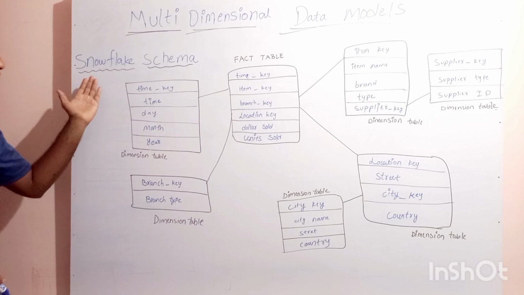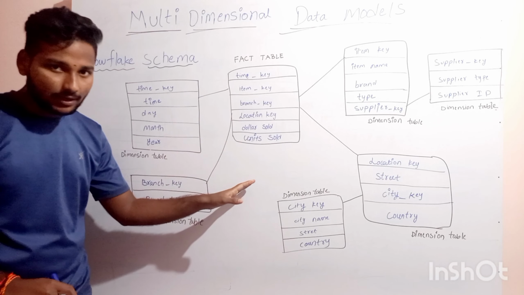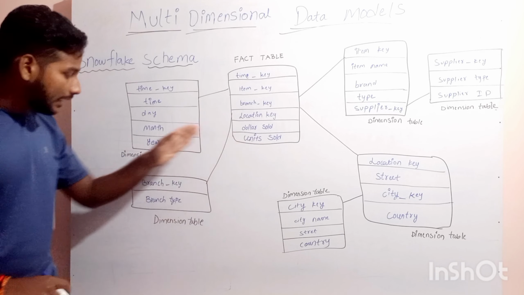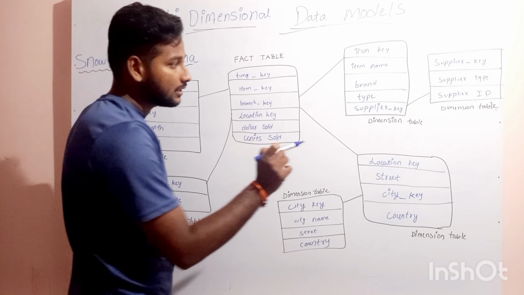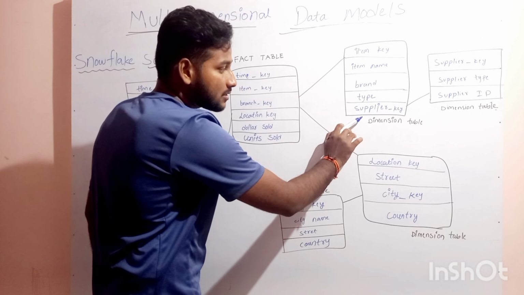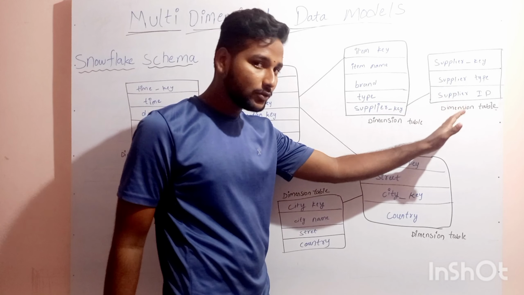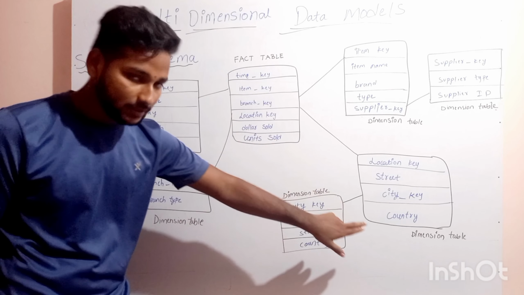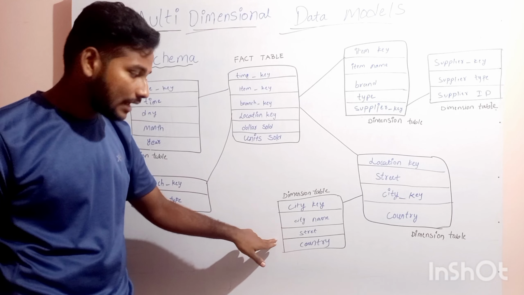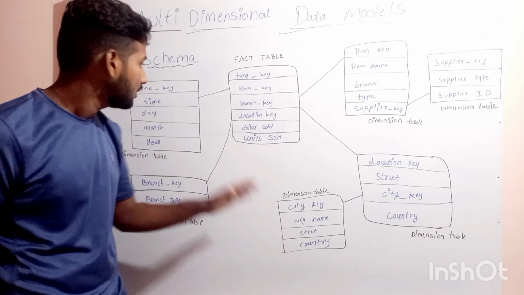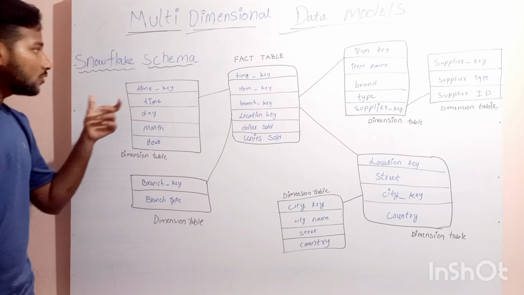When it comes to snowflake, we have the fact table, the central table, along with the dimension tables. There is one modification here. One dimensional table joins to another dimensional table. From this dimension table we have a connection to another dimensional table. This is about the snowflake schema.